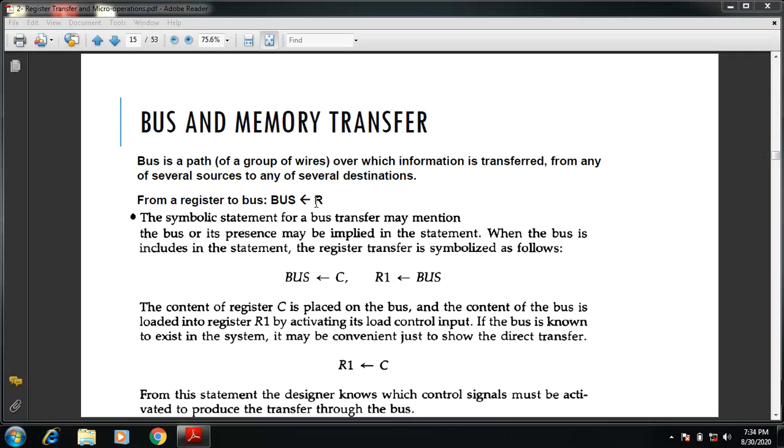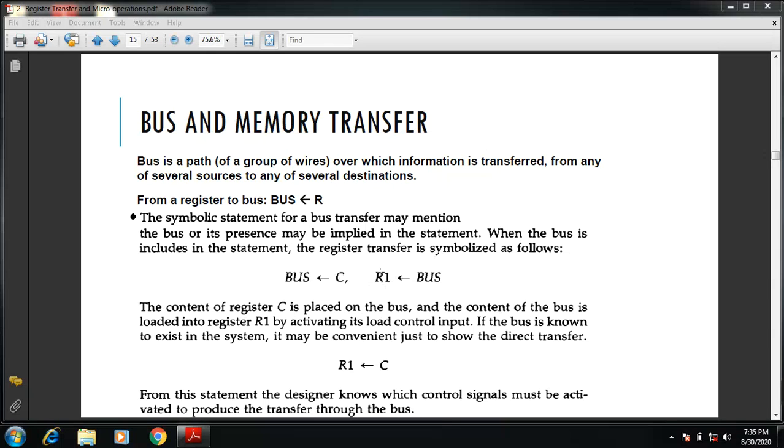So what is the register? The content of the register is transferred to bus, that is the meaning. Or the content of the bus is loaded to register. So there are two meanings, one is register to bus, another one is bus to register.